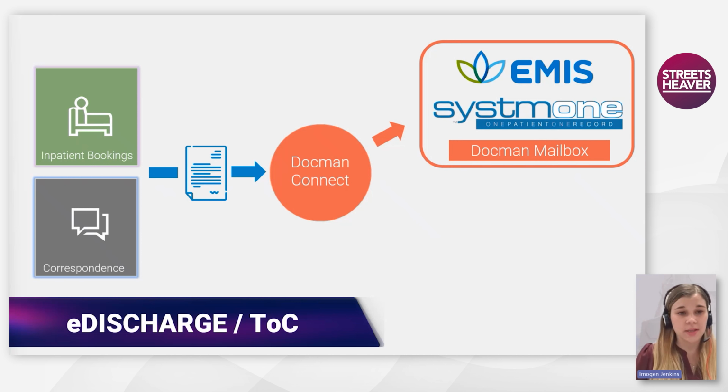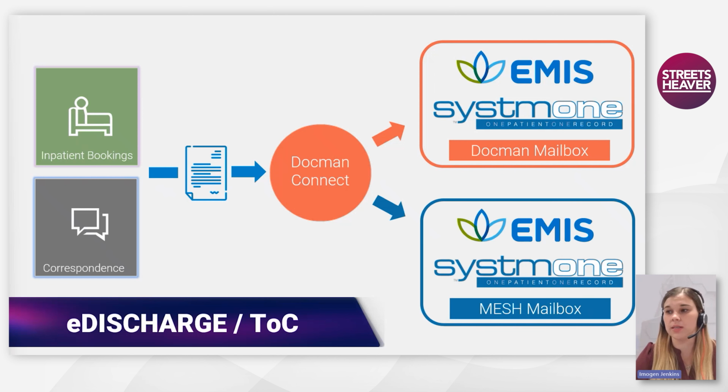If the GP practice is a Docman customer, the eDischarge will be sent into the Docman mailbox for the GP to pick up the relevant documents for their patient. If the GP practice isn't a Docman customer, the documents are simply sent over to the MESH mailbox, for, again, the GP to pick up the documents from the MESH mailbox as opposed to the Docman one.